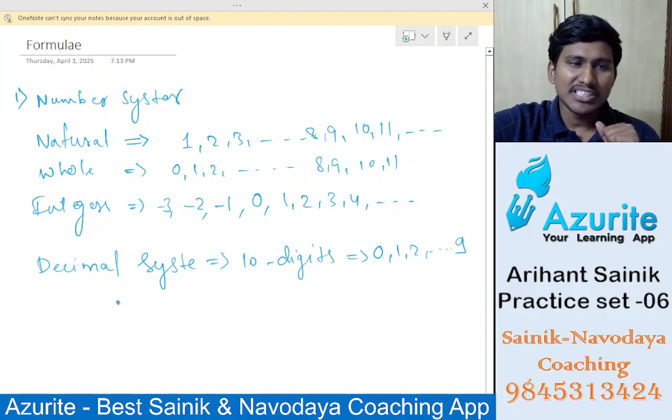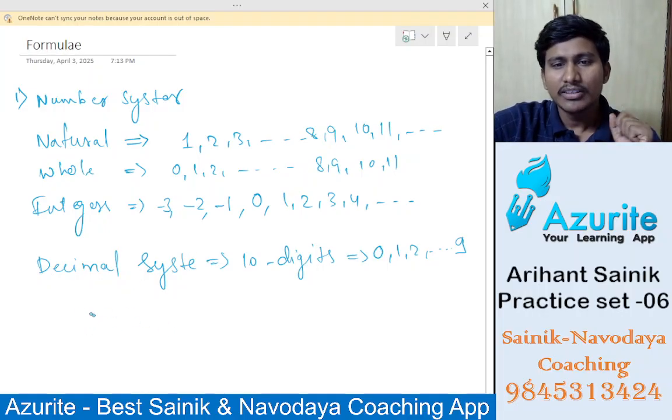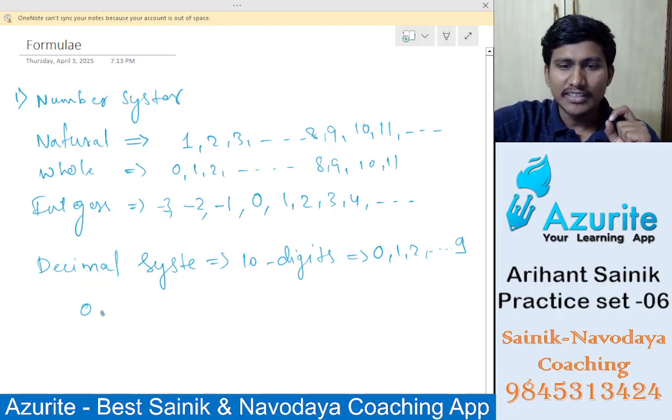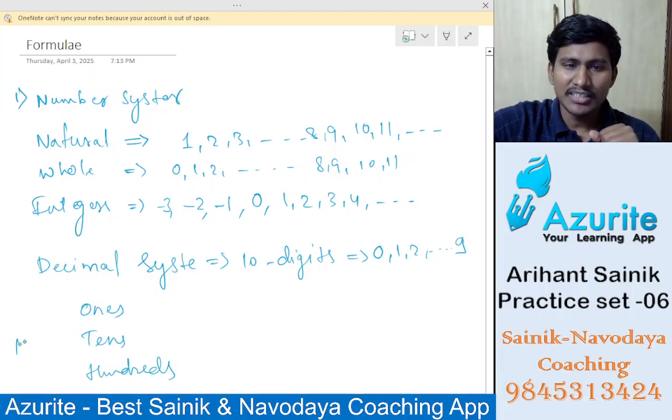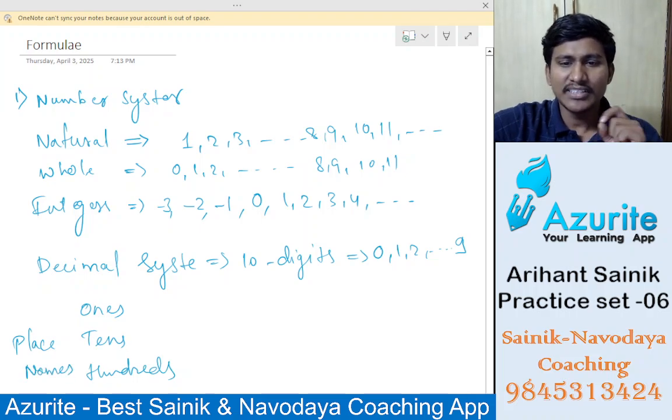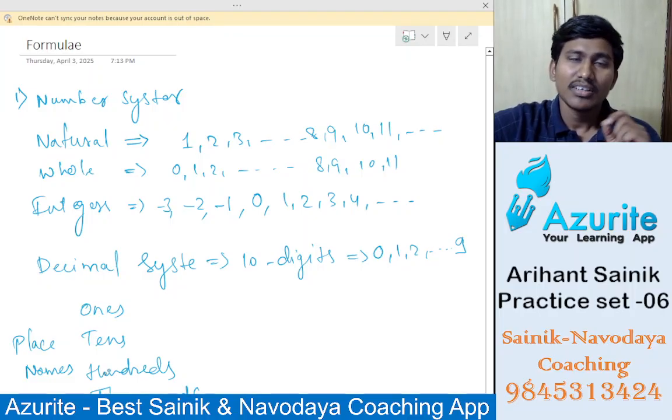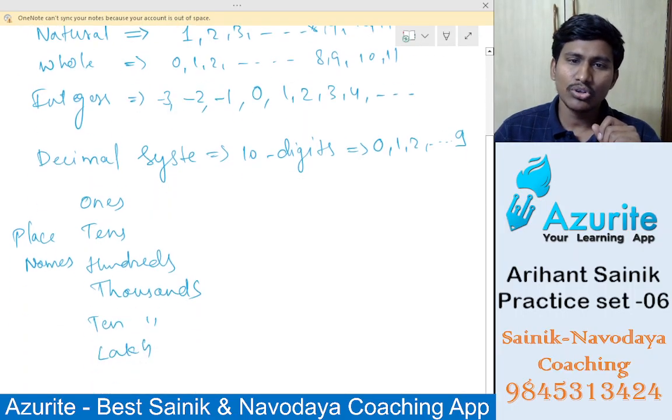In the decimal system it starts from what? Ones, isn't it? Ones, then tens, hundreds, thousands. These are the place names. So hundreds, thousands, and then what? 10,000, lakh, 10 lakh, crore, 10 crore, right?